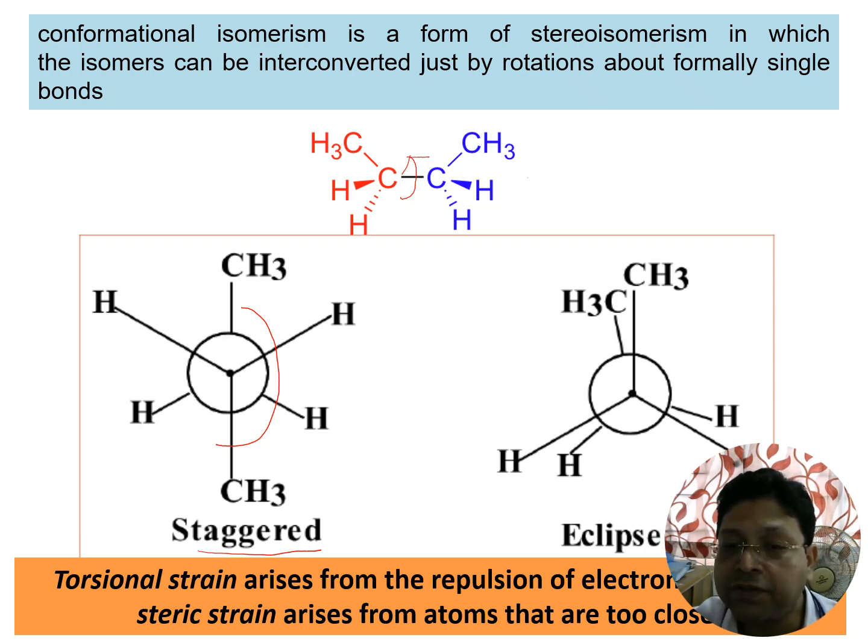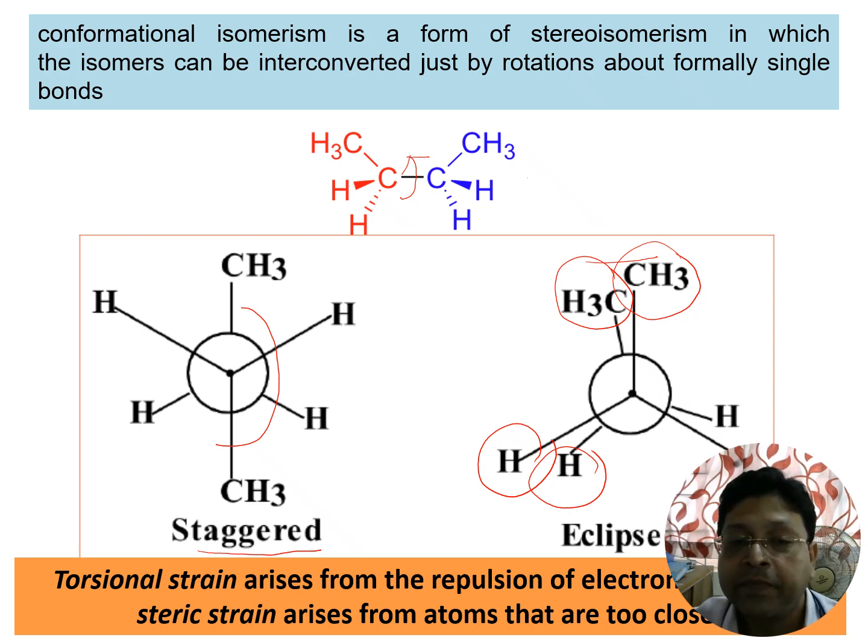Because of the face-to-face interaction or close proximity, definitely steric repulsion will be there, and that is why the energy of this conformation will be high, a little bit destabilized, because these substituents are face to face. Although they are on C2 and C3, due to the close proximity, we call it an eclipsed conformation. They are in a straight line. But here we can see that hydrogen is in between hydrogen and methyl.